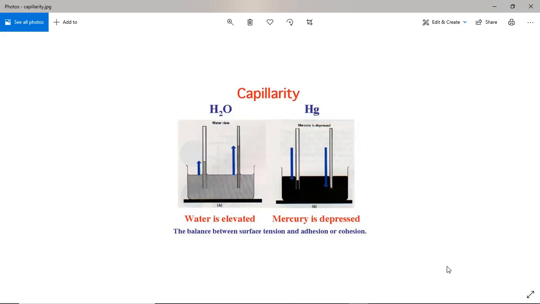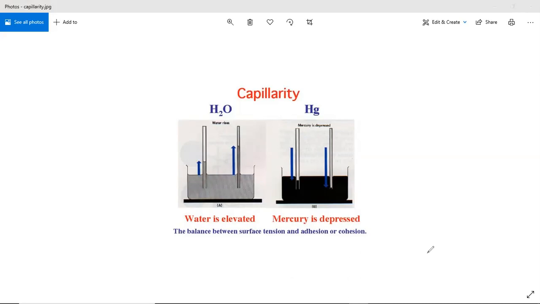Whereas in the case of mercury, cohesion is greater than adhesion, which makes the liquid pull itself down rather than be pulled up by the glass tube. We will also look at the reason for capillarity in a different way.